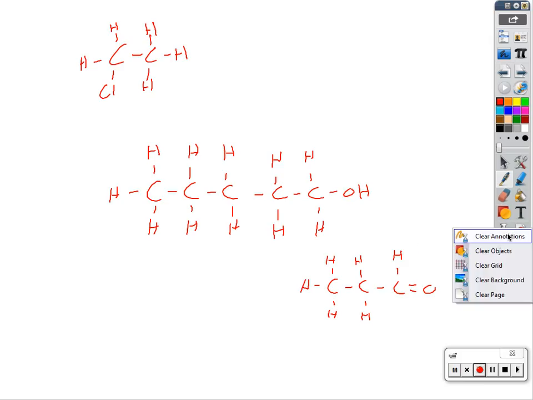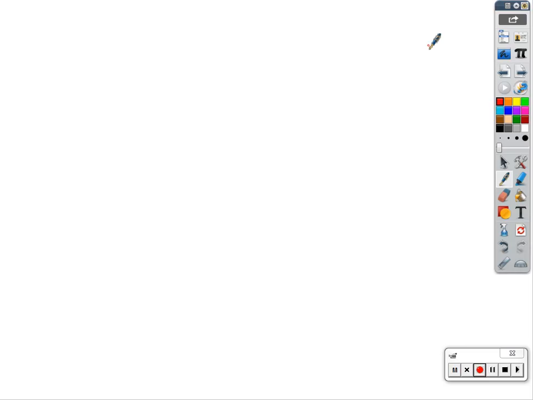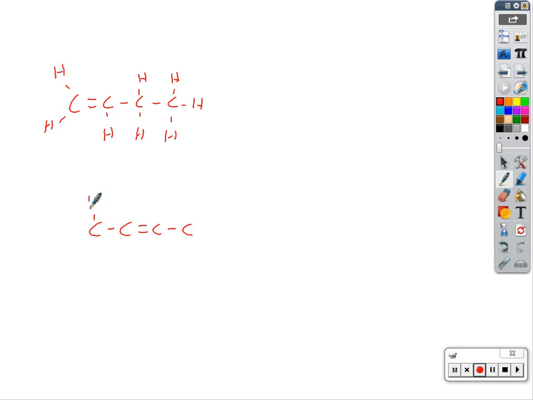We talked a little bit about isomers. Again, I might ask you to identify isomers. As I mentioned, they have the same molecular formula. So, this and this are isomers.